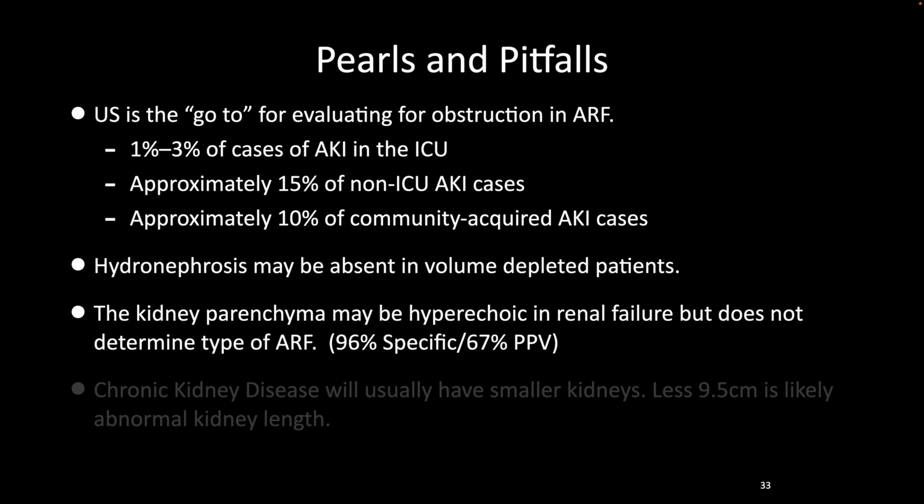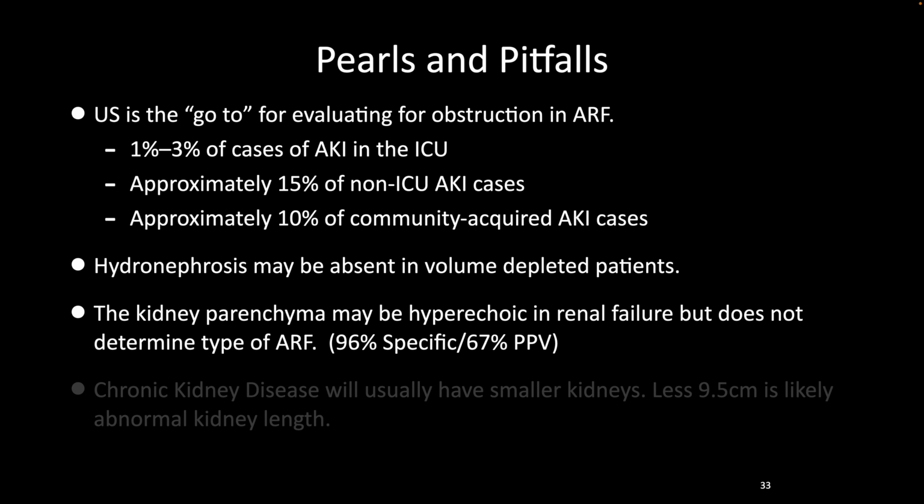Another thing to keep in mind, that kidney parenchyma may itself, now we're talking outside the renal pelvis, become more hyperechoic. This doesn't, however, tell us what kind of acute renal failure is present, but that may be one thing that we recognize.